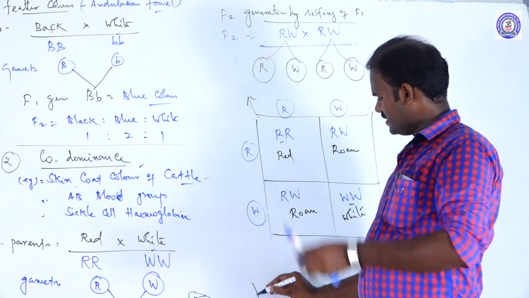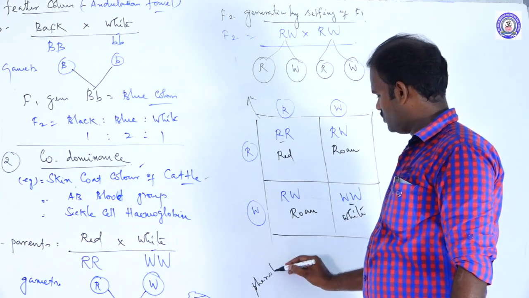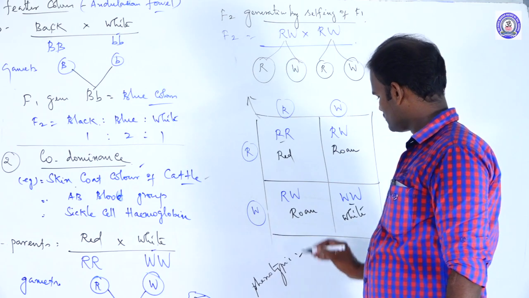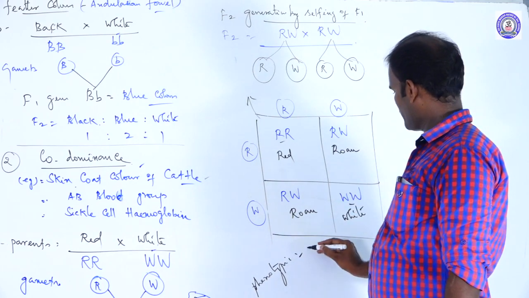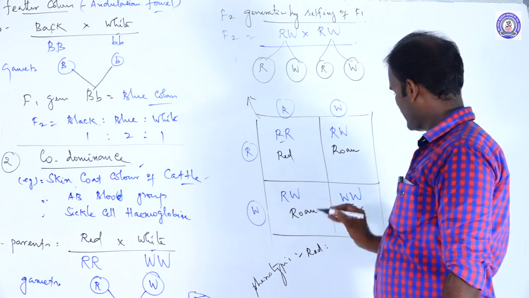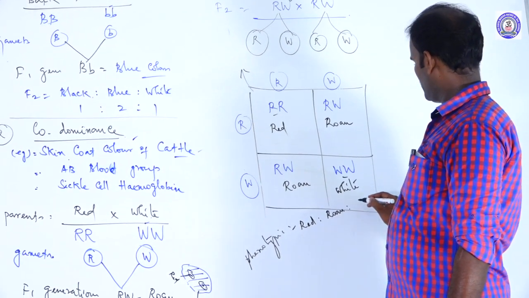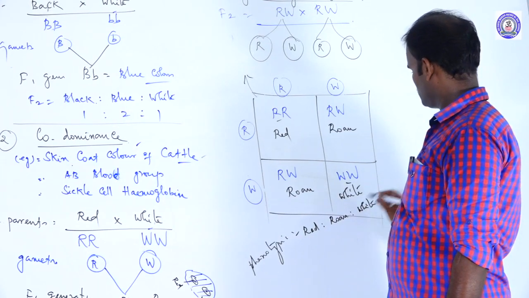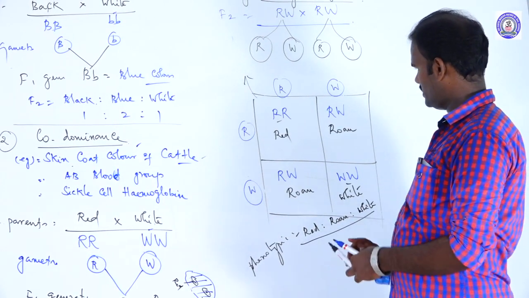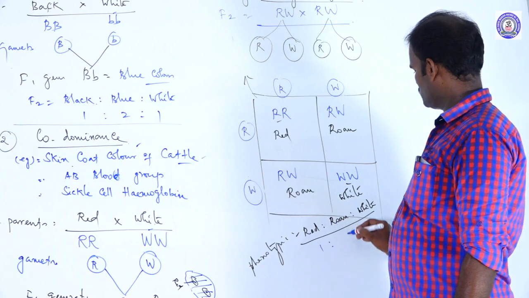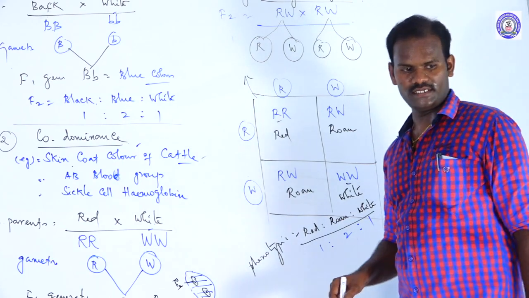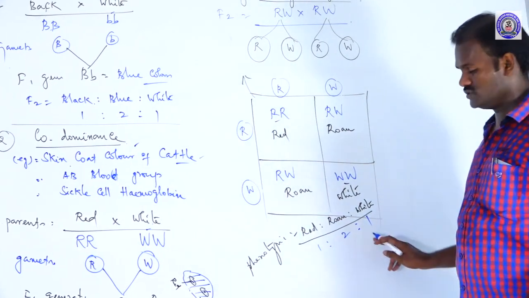So what is the phenotypic ratio? Phenotypically: red, roan, then white. The ratio is one red, two roan color, one white. So the phenotypic ratio is 1 is to 2 is to 1.